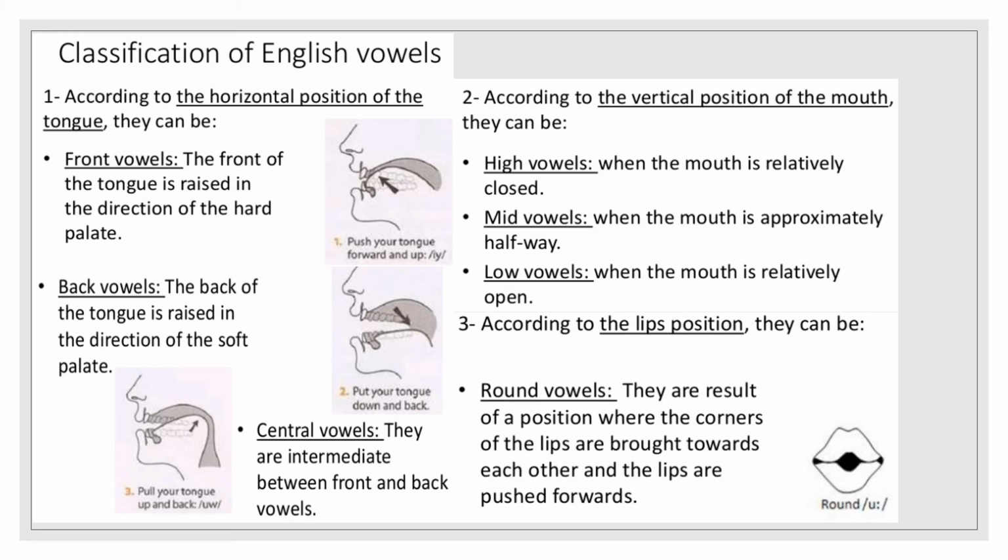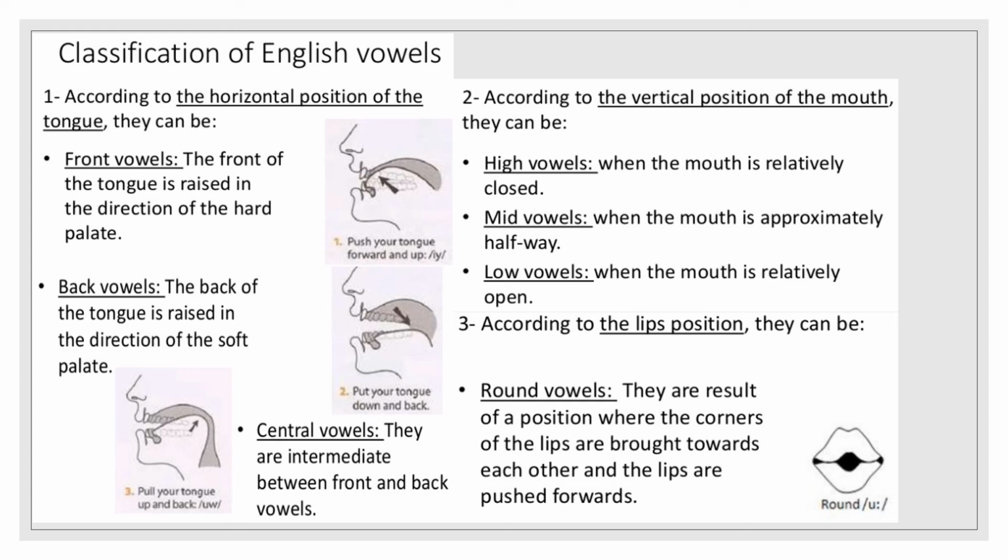Now, let's go on to the classification of English vowels. First, according to the horizontal position of the tongue, they can be front vowels. The front of the tongue is raised in the direction of the hard palate.